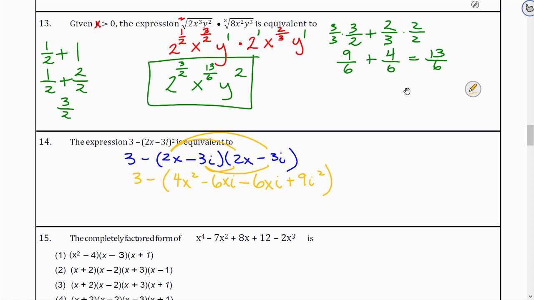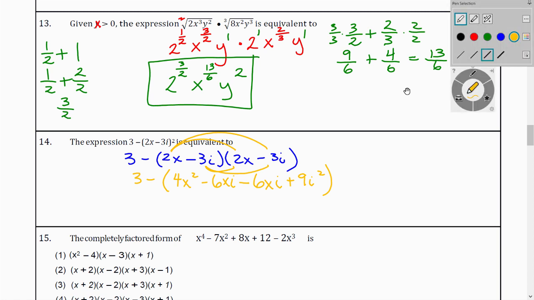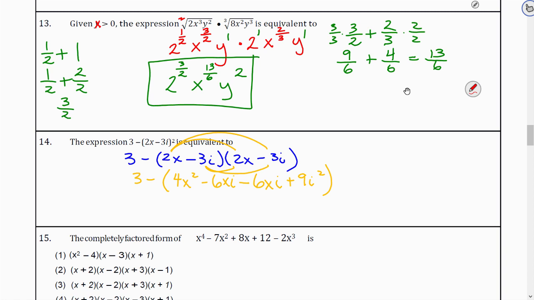All right, let's combine like terms. So let's see here. I have 3 minus, let's combine like terms and then I'll take care of the negative. 4x squared, negative 6xi minus 6xi is negative 12xi. Now the i squared is negative 1, so plus 9i squared is the same as minus 9.